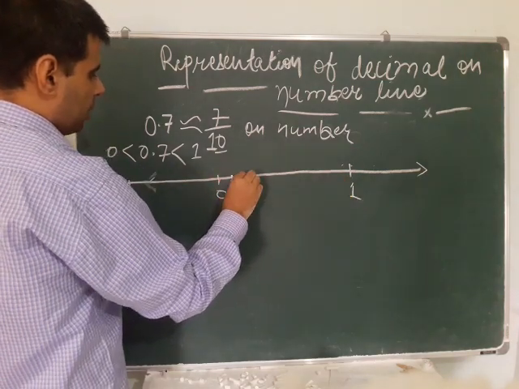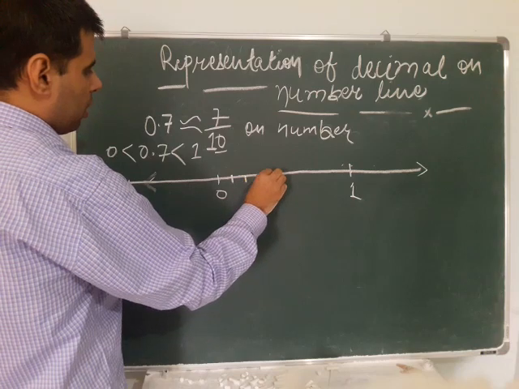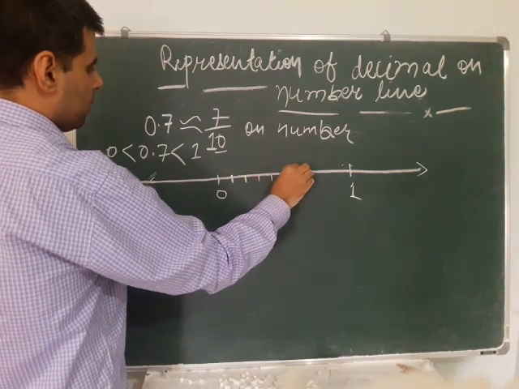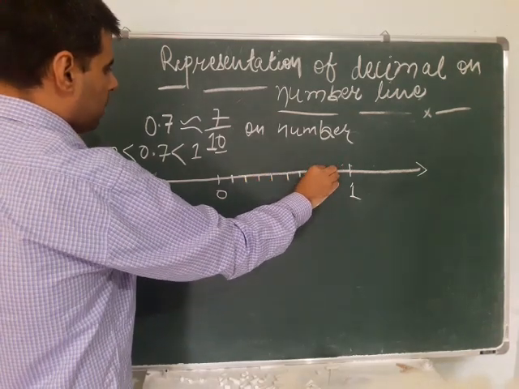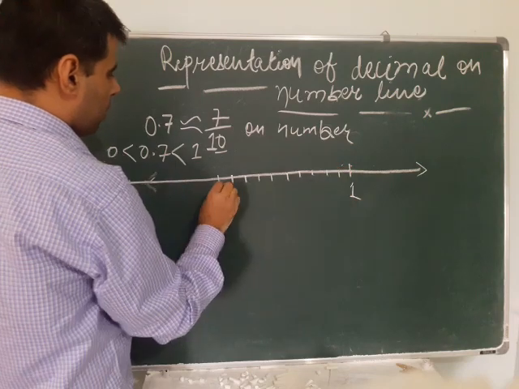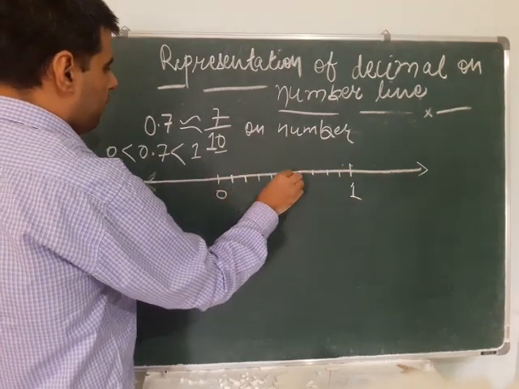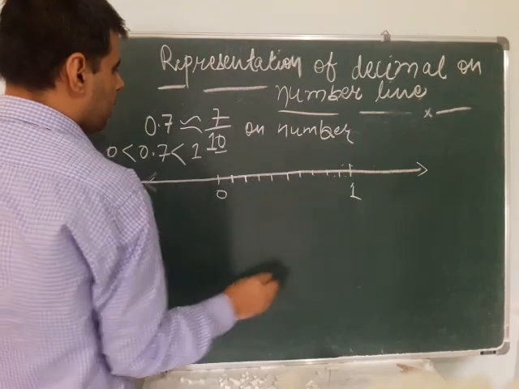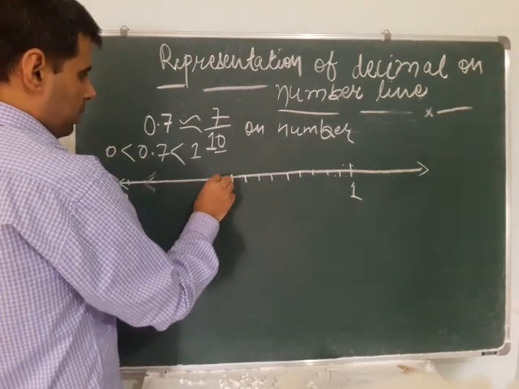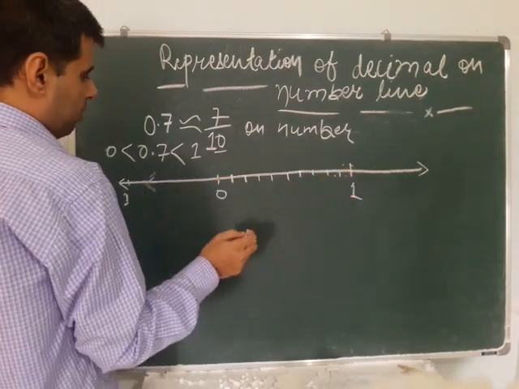So it will be 1, 2, 3, 4, 5, 6, 7, 8, 9, and 10. So we have divided the region between 0 and 1 into 10 divisions.